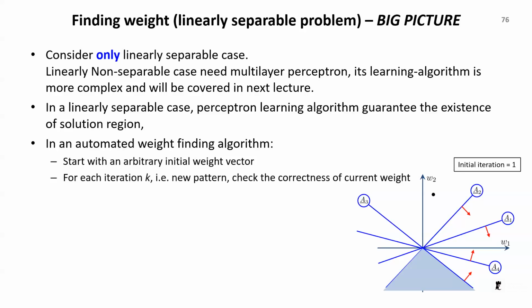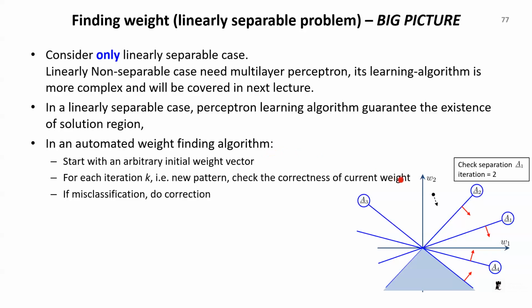Then for each iteration, we check each point and whether this weight already solves the problem for that particular point. First, for iteration 1, we check point 1. For point 1, the solution is down there, pointing there, and the weight does not solve even for A1. So the weight has to move.